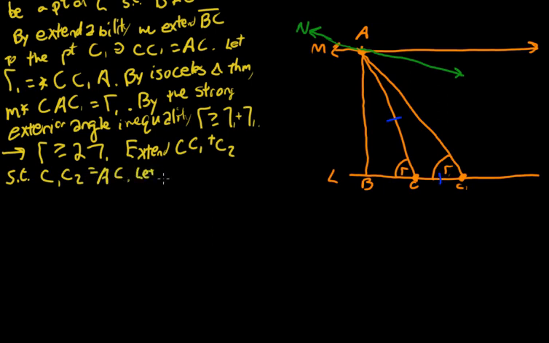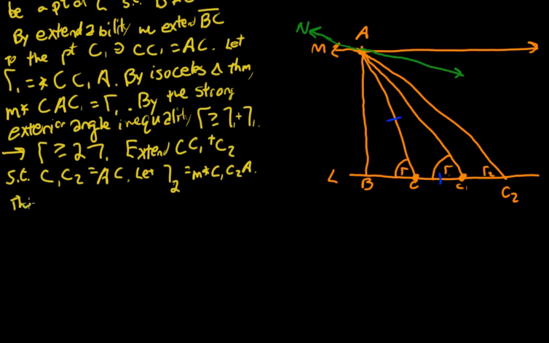And we'll say let gamma sub 2 equal the measure of angle C sub 1 C sub 2 A. So we have now extended it to this point here, which we'll call C sub 2, and this is gamma sub 2.